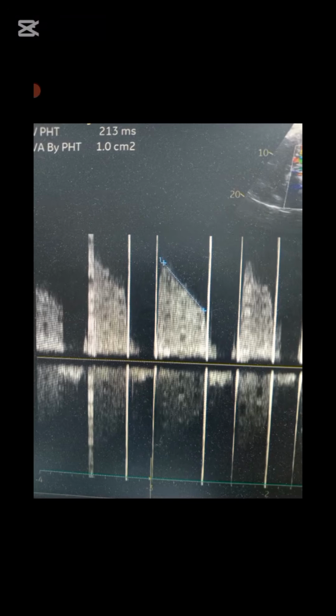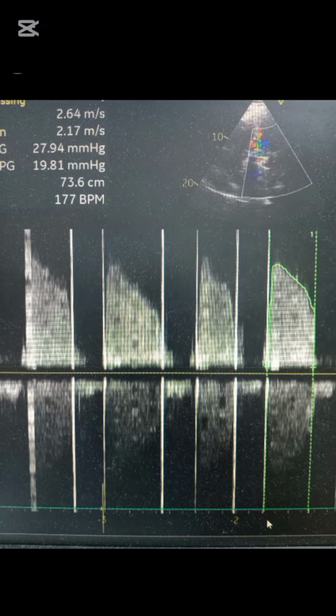Now the DVI and effective orifice area. For the DVI, we need two parameters. One is the mitral prosthetic VTI, and second is the LVOT VTI. We divide the prosthetic VTI by the LVOT VTI.